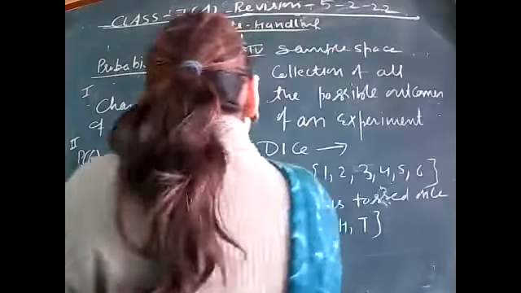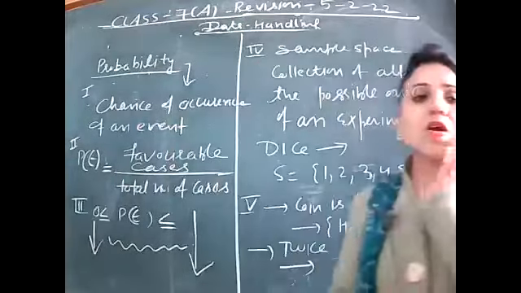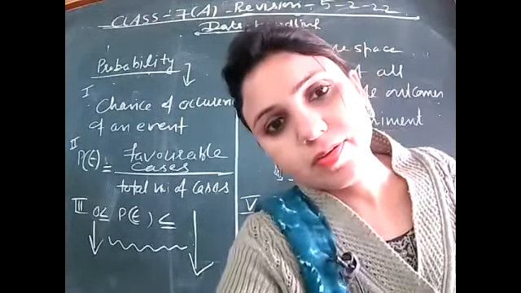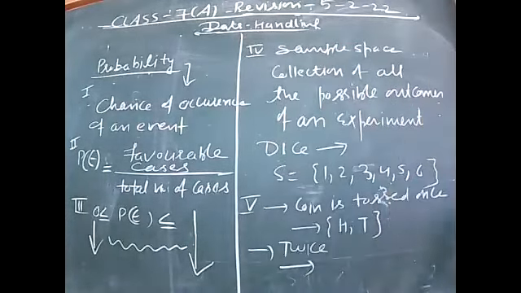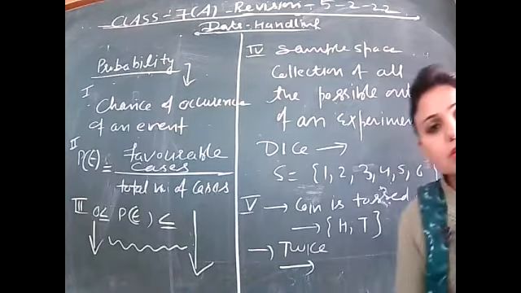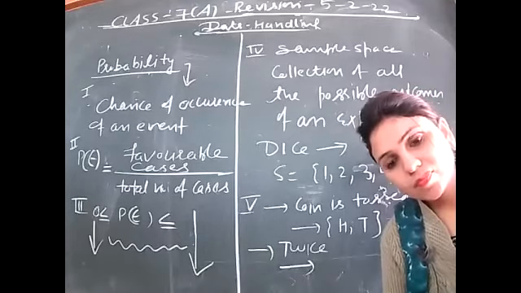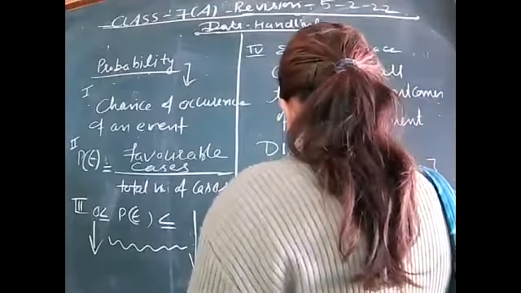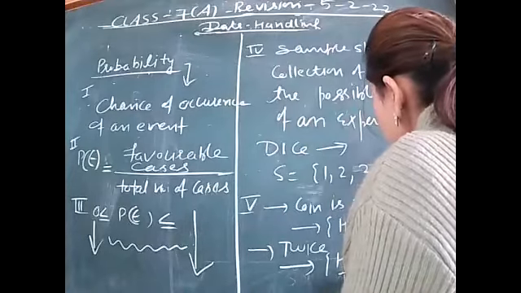When a coin is tossed twice, I told you the method to write. Chehek is interested to tell. Yes. HH, TT.